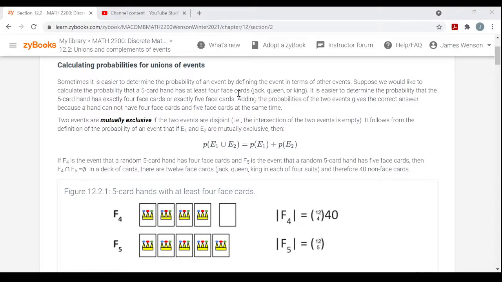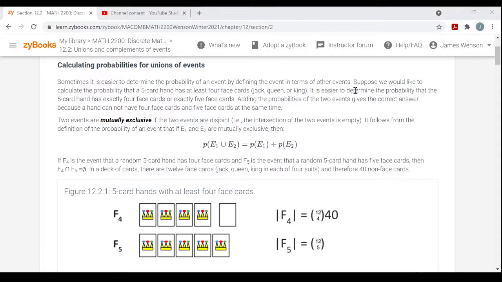Alright, so in their example, they say, suppose we would like to calculate the probability that a 5-card hand from a deck of 52 cards has at least 4 face cards, right? And the face cards have faces on them: the jack, the queen, the king.